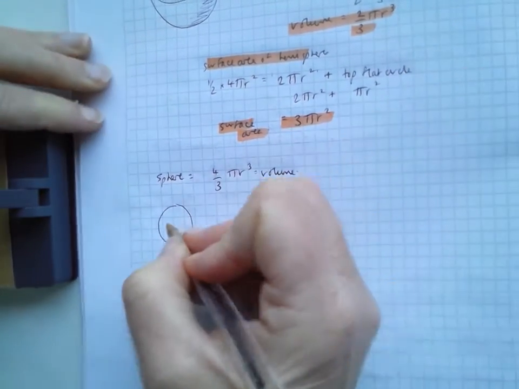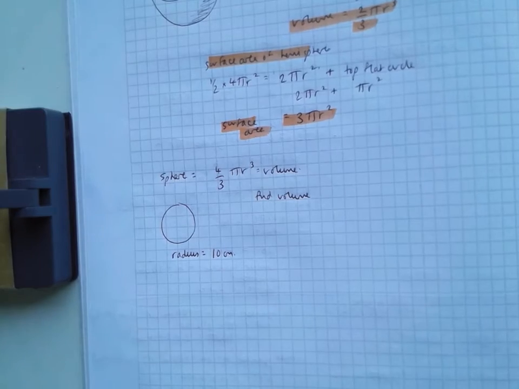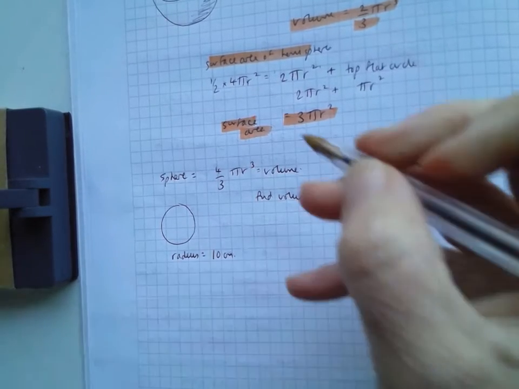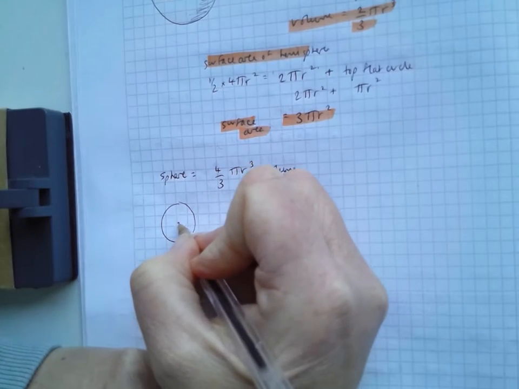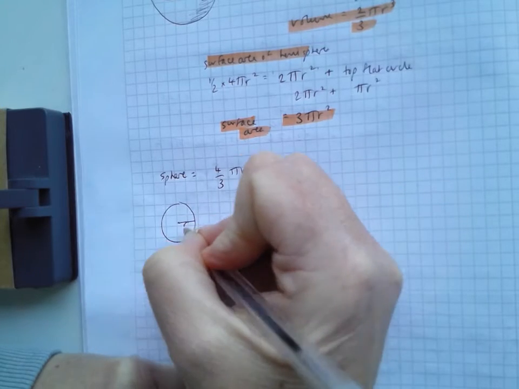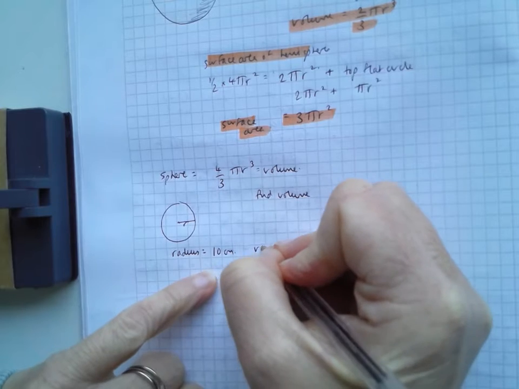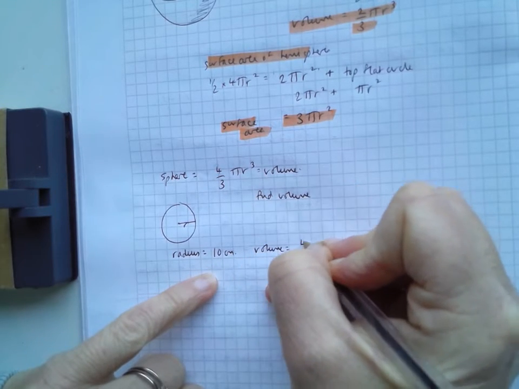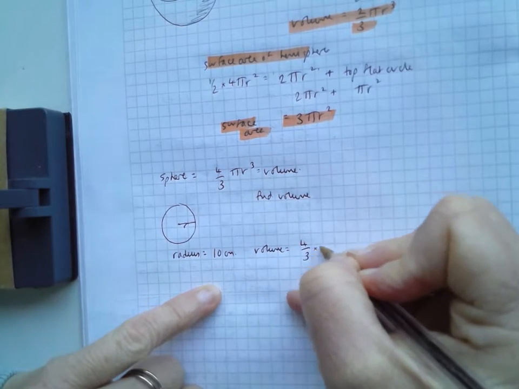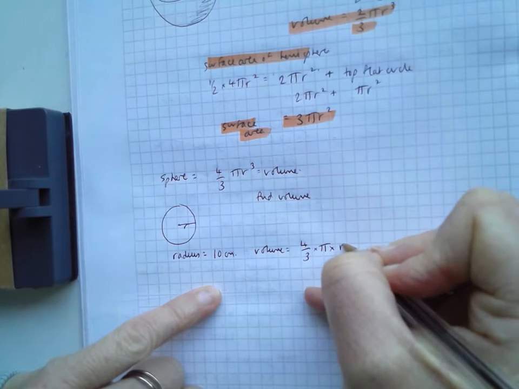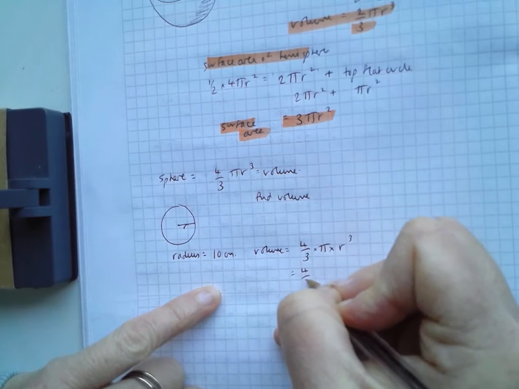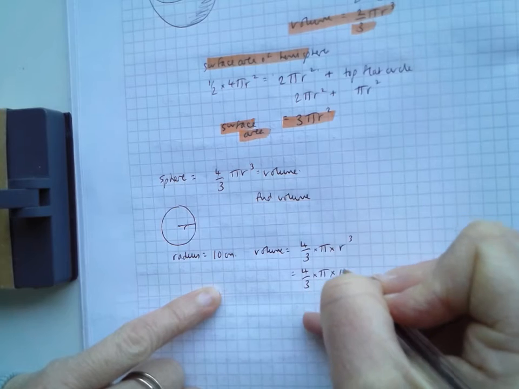Okay, so how we show that is we try and show it on our diagram if we can. That's the radius. So radius here is 10. The volume is going to be 4 over 3 by pi by r cubed, so 4 over 3 by pi by 10 cubed.